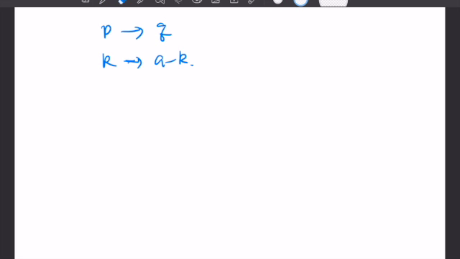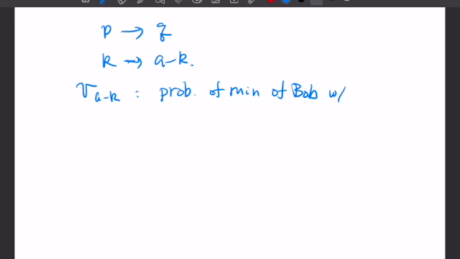So suppose v a minus k is the probability of ruin of Bob with initial stake of a minus k dollars.